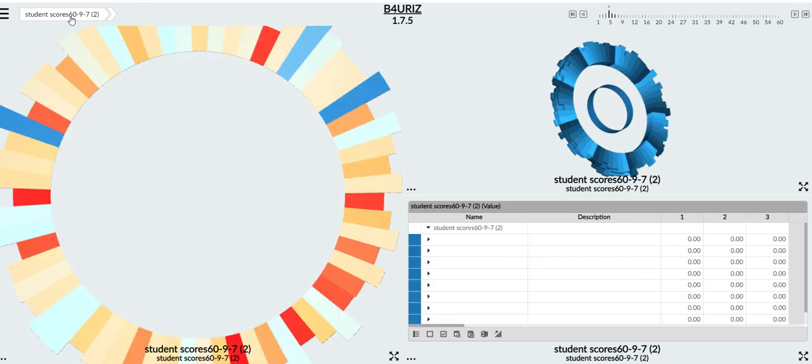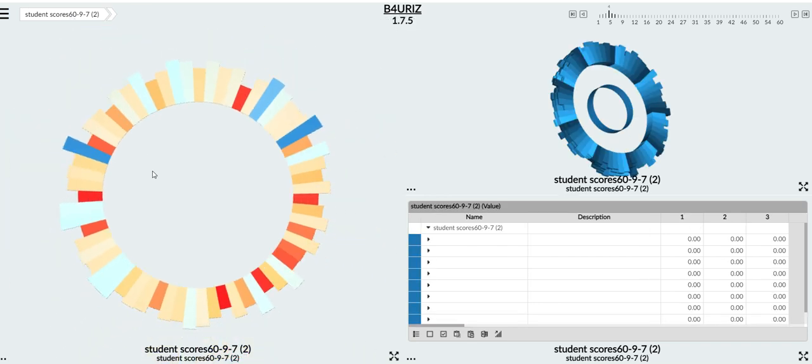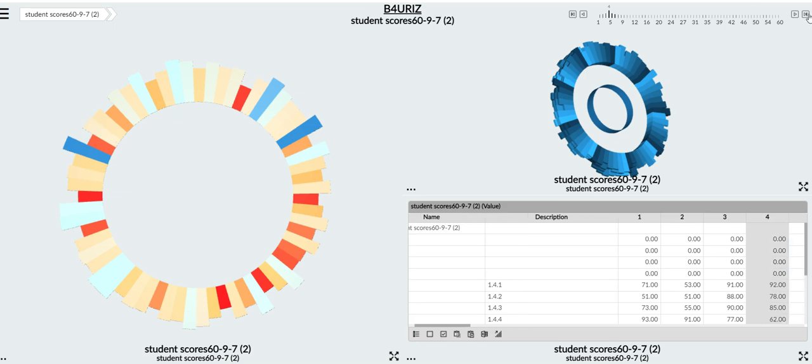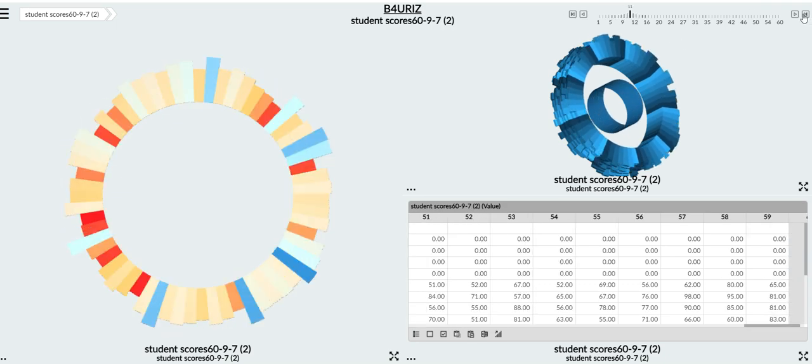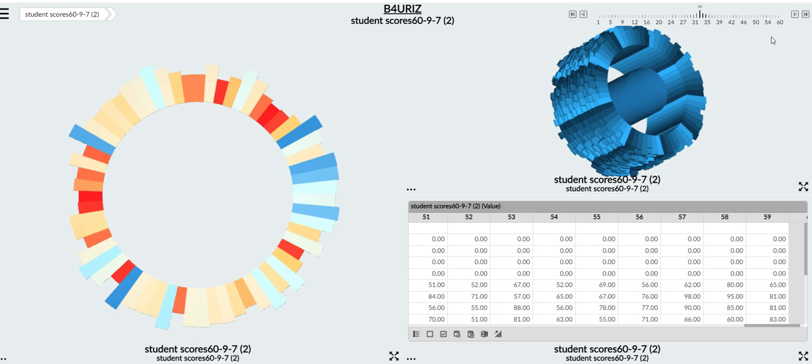This would be how it is seen in the totality of what the data actually is, and this would change accordingly through the data set.